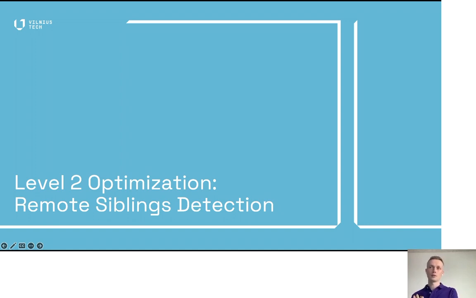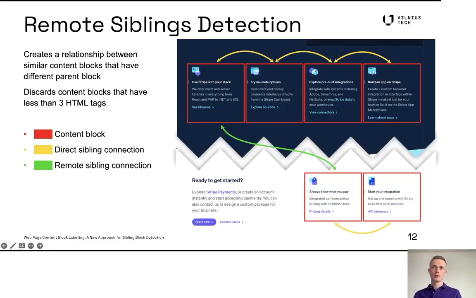Now we will present our proposed remote siblings optimization step. Remote siblings are very similar to regular siblings we just discussed. They also represent blocks that have a similar structure, but in this case, they have a different parent.